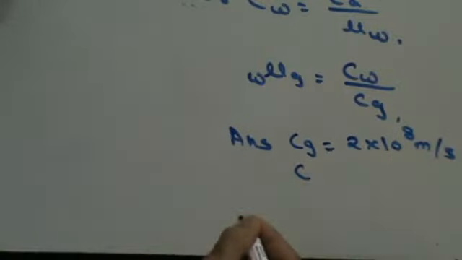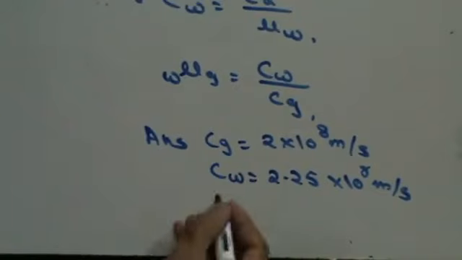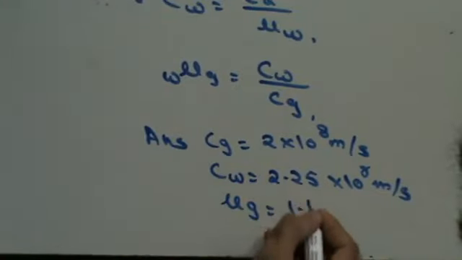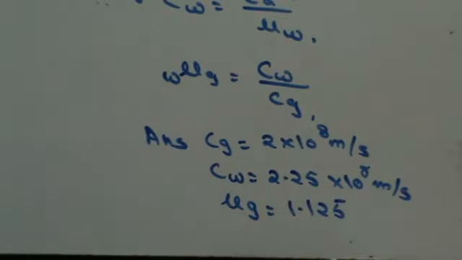You will get velocity in water as 2.25 into 10 raised to 8 meters per second, and you will get the refractive index of glass as 1.125. Those are the answers that you should get.